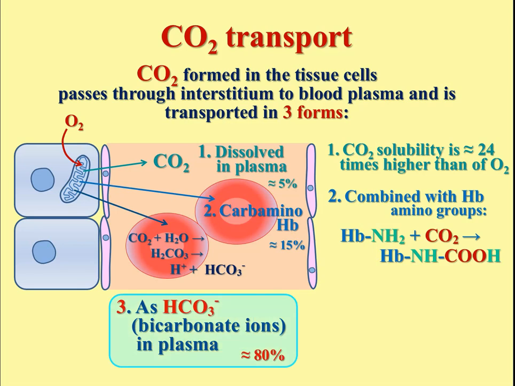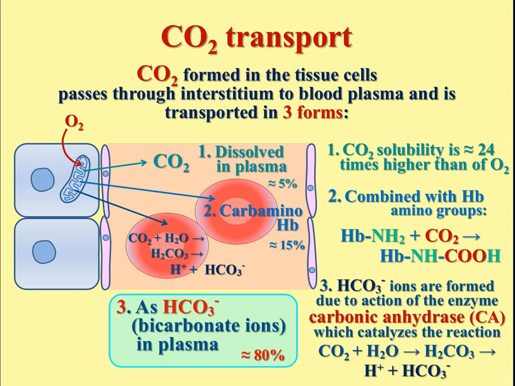It's important to understand that formation of carbonic acid from carbon dioxide and water is a reaction that goes very slowly naturally. It's not easy for CO2 to become converted to H plus and HCO3 minus. But this reaction is accelerated many times by the enzyme called carbonic anhydrase, which is present inside red blood cells.